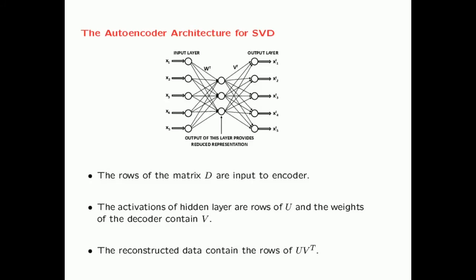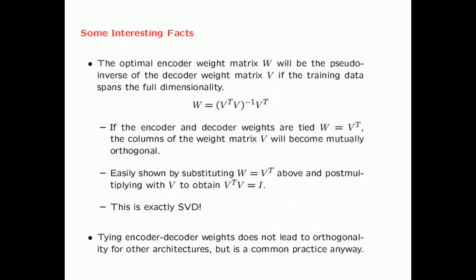Now, let's go back to this architecture over here. You can see that the encoder weights are denoted by W transpose and the decoder weights are denoted by V transpose. So far, I have not enforced any kind of relationship between the encoder weights and the decoder weights. So what are these encoder weights?